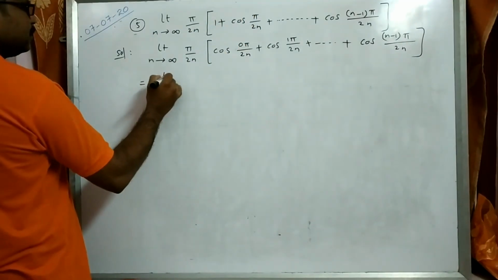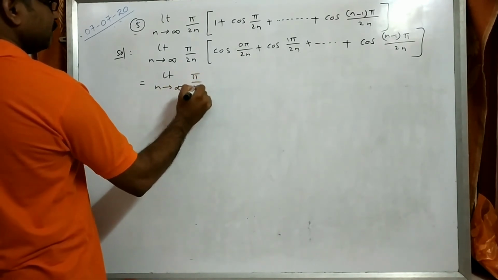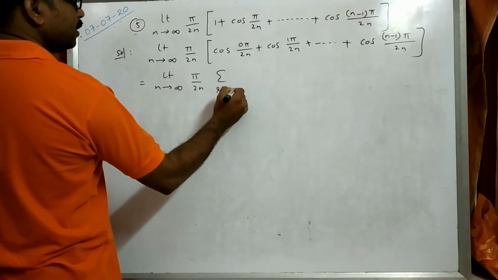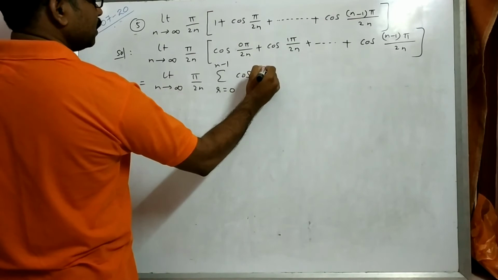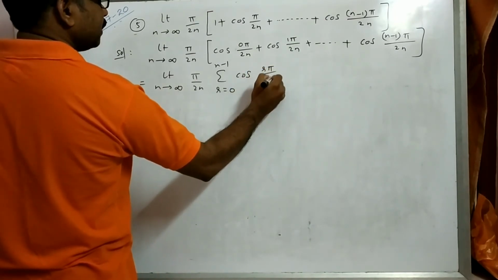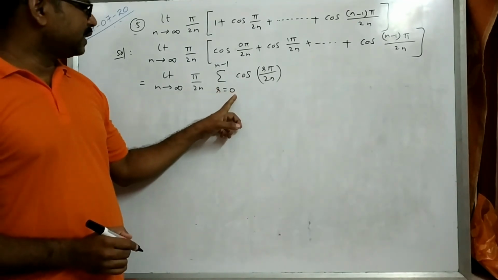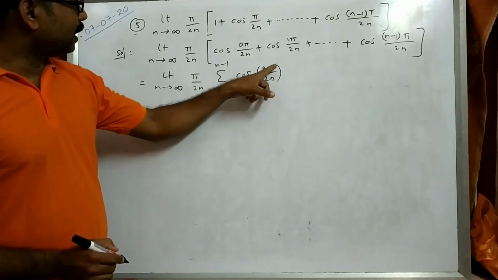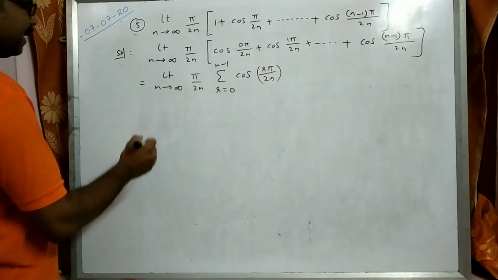So using sigma notation, pi by 2n summation r equal to 0 to n minus 1 cos r pi by 2n. Okay. Put instead of r 0, first term you will get 1. So n minus 1 means n minus 1 into pi by 2n.